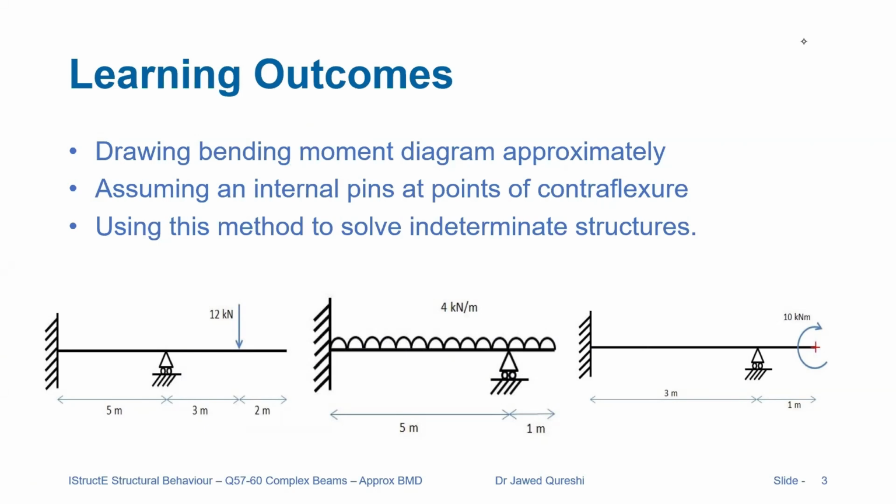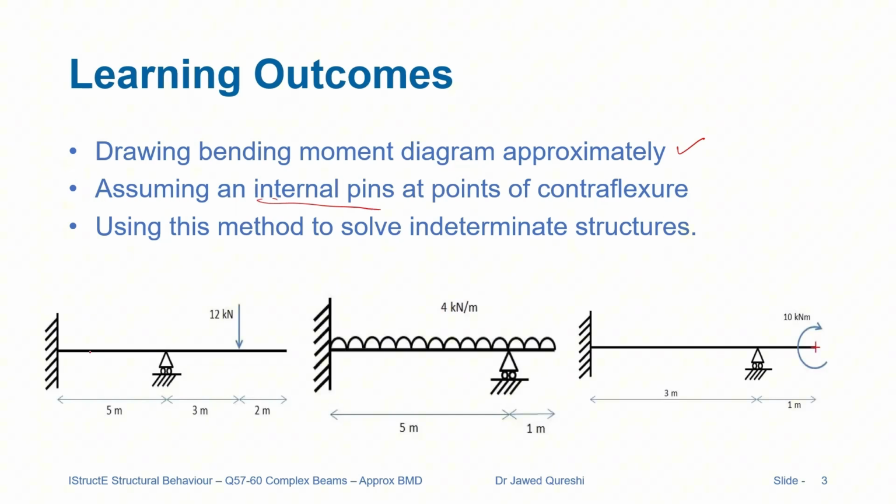The learning outcomes of today's lecture will be to draw the bending moment diagram, approximately the most feasible one, and assume the point of contraflexure as an internal pin. And using this method, we can solve indeterminate structures.